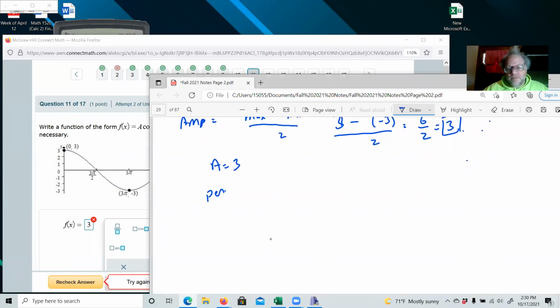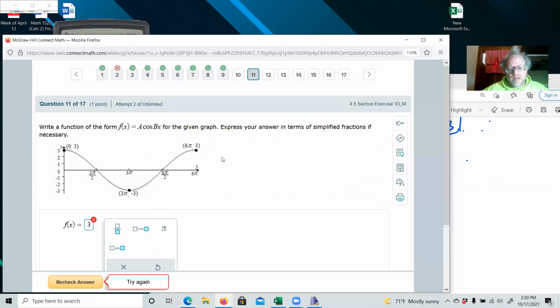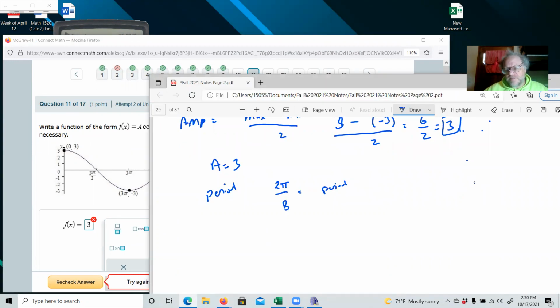Now, period is a little different. You could think that 2 pi over b is equal to the period. And here, we have a beginning of 0, ending of 6 pi. This is going to be 6 pi. So we have to solve for b here.